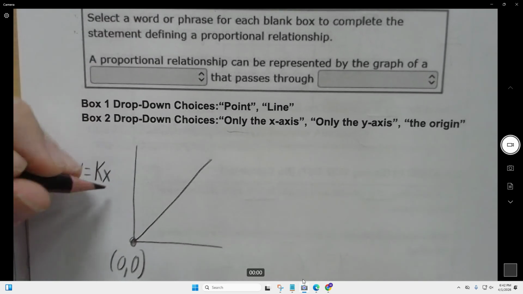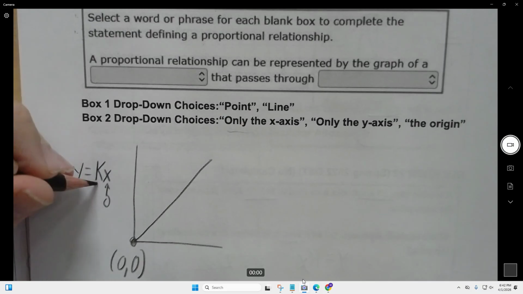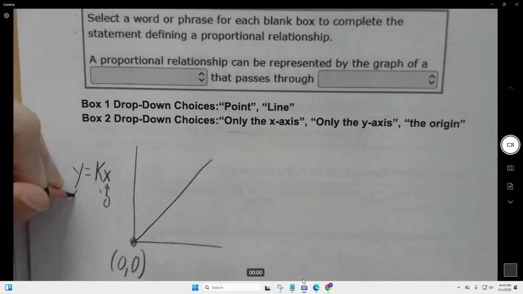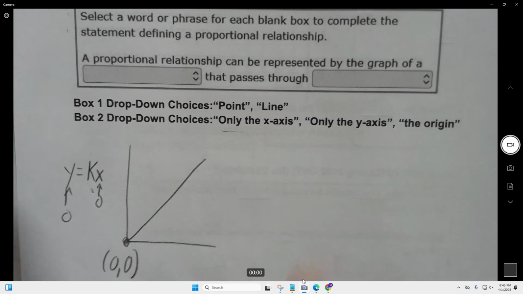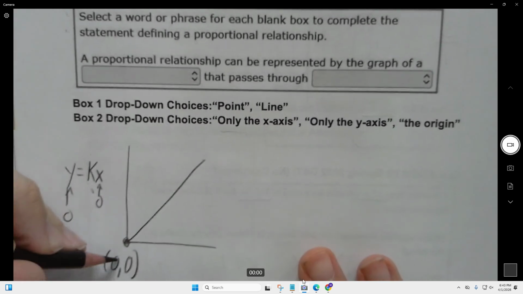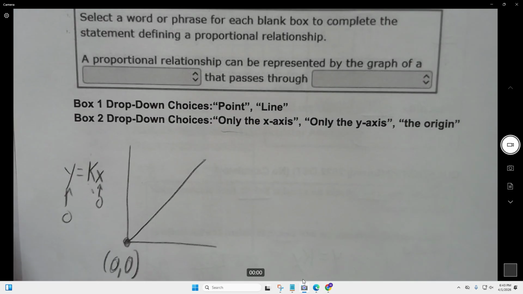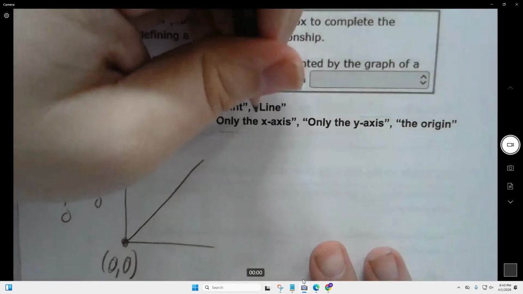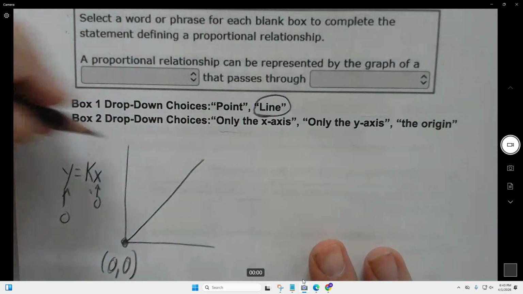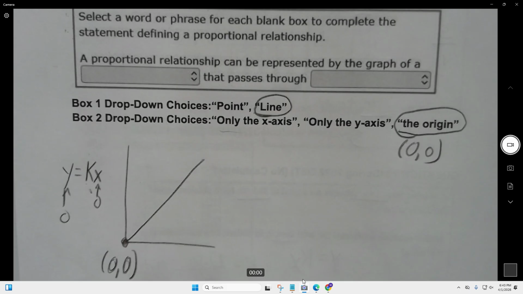If x is 0, anything times 0 is 0. So if x is 0, y has to be 0. Therefore, 0, 0 has to be on every graph of a proportional relationship. So this is a line that passes through the origin, because the origin represents 0, 0.